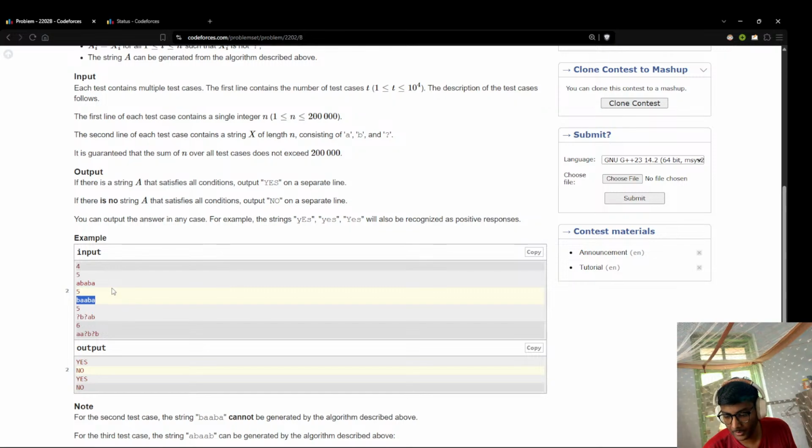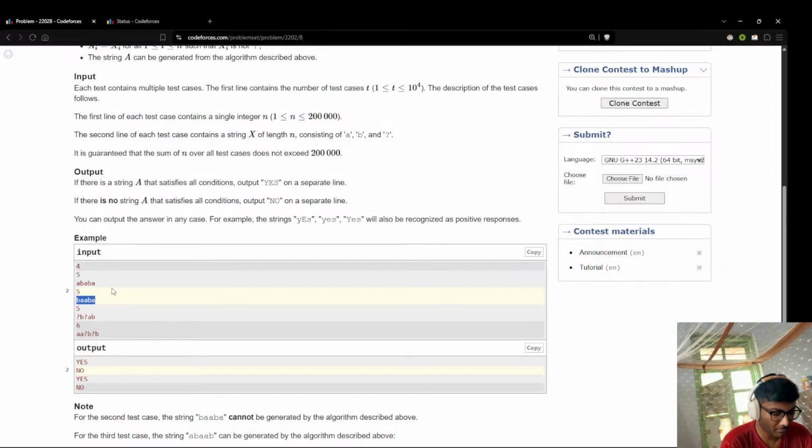So I had A B A B A. So I must have taken from A. So A cancelled. No, I mean I started with a B. Okay, yeah. So first and the last letters are A in A B A B A. How can I start with a B? It's impossible.